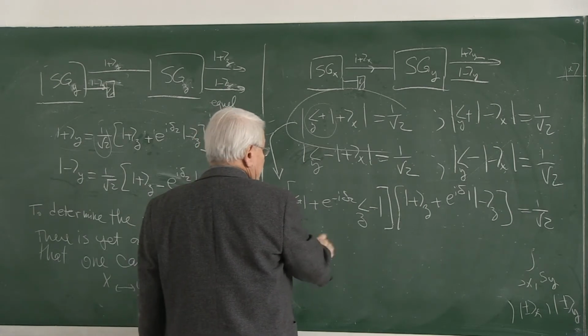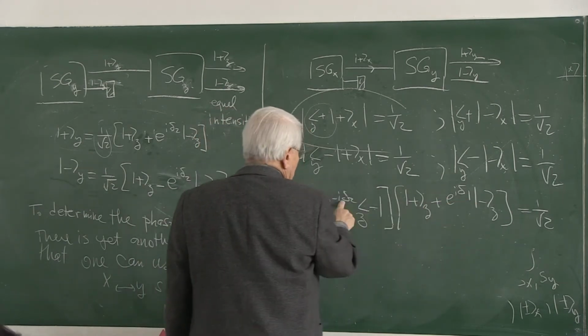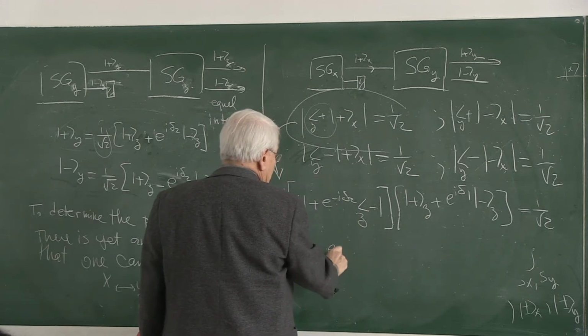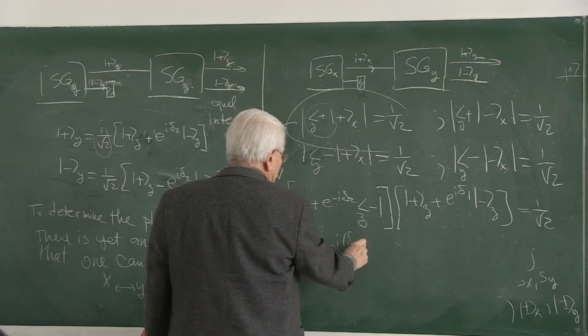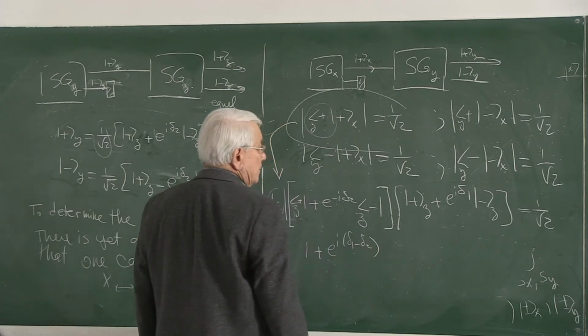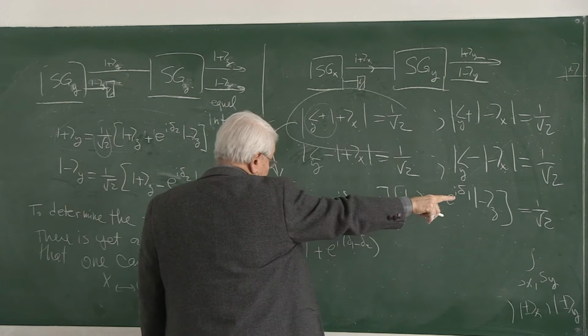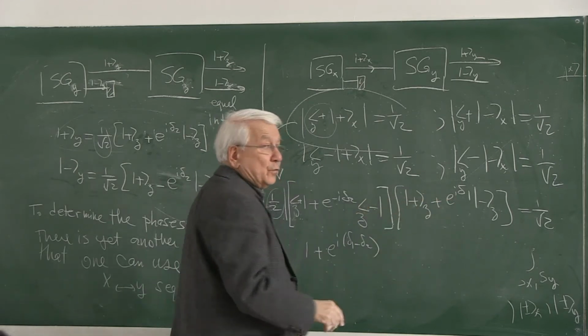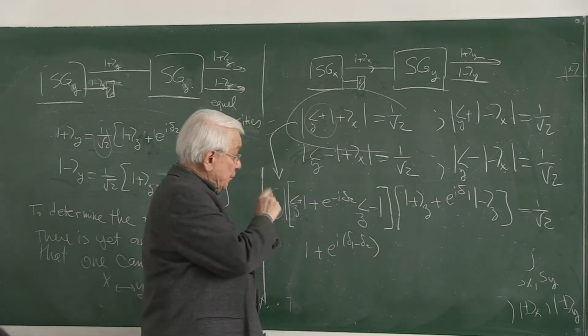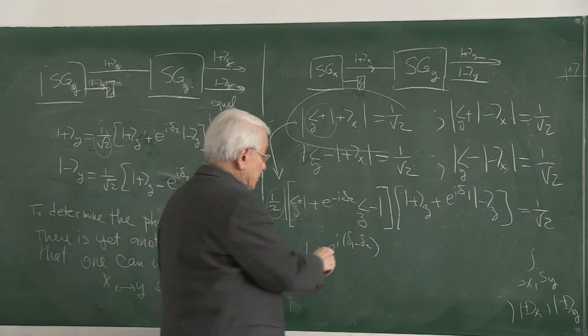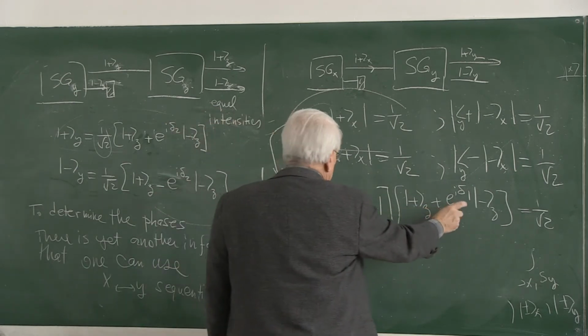Plus plus is 1, minus minus is 1, but there are the phases. It is e to the i delta 1 minus delta 2. The first one with the last one is 0. The second one with the first one is 0 because they are orthogonal. Only the first with the first, second with the second gives you something. There is a relative phase in here.